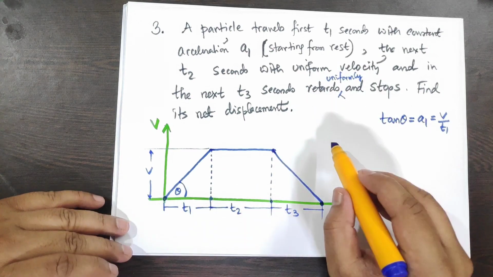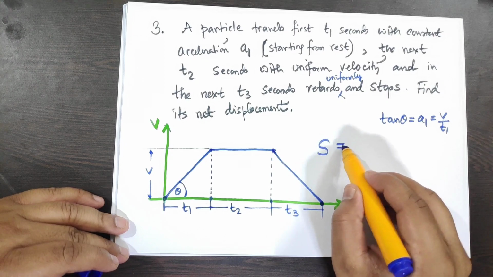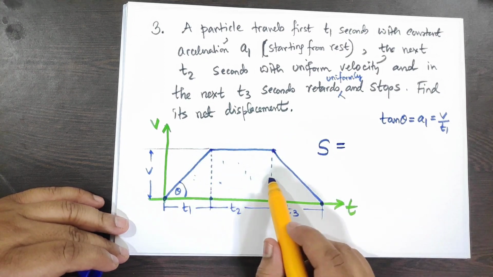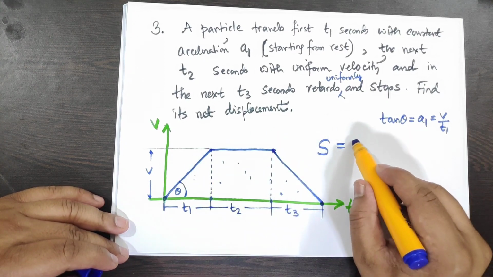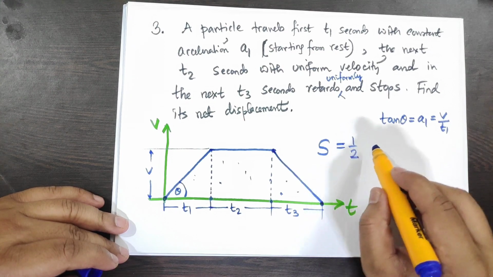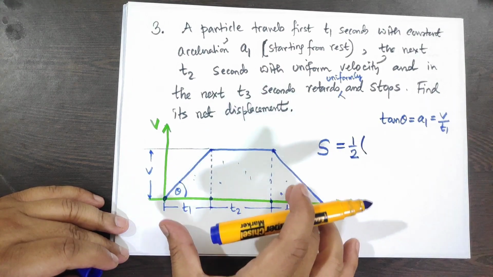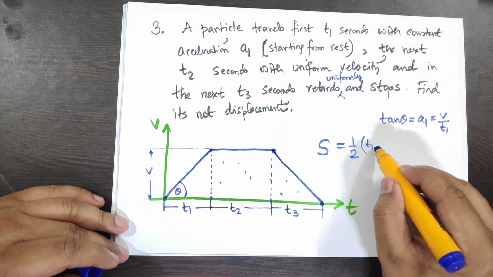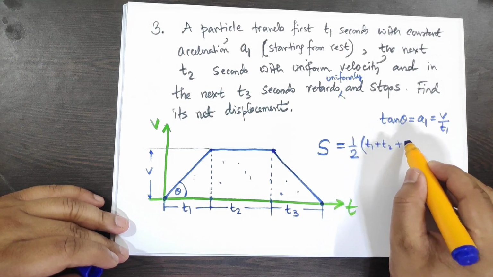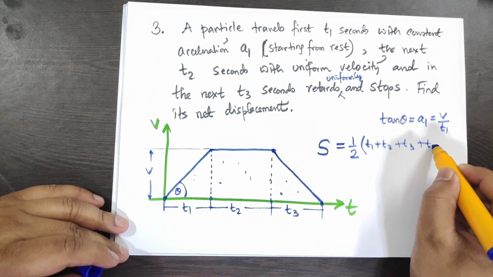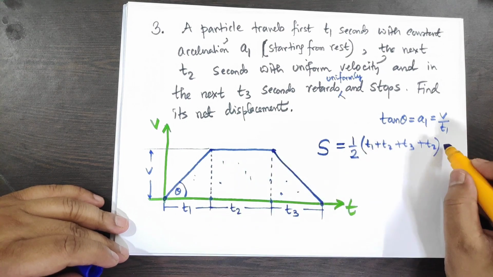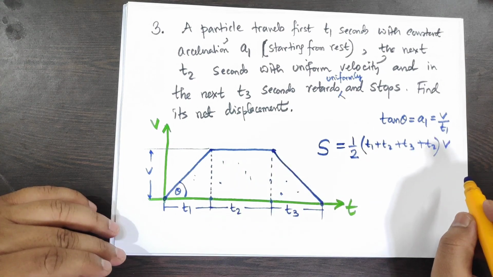So the total displacement is equal to the area of this trapezium. That is equal to half the sum of the parallel sides. Half the sum of these parallel sides is how much? t1 plus t2 plus t3 plus t2 again, multiplied by the height v.